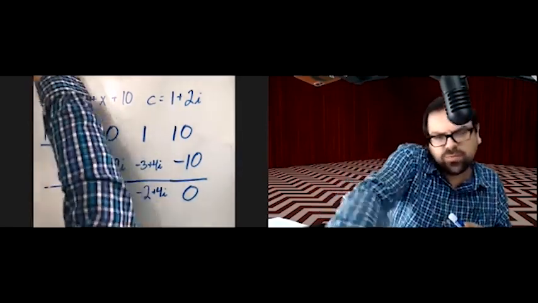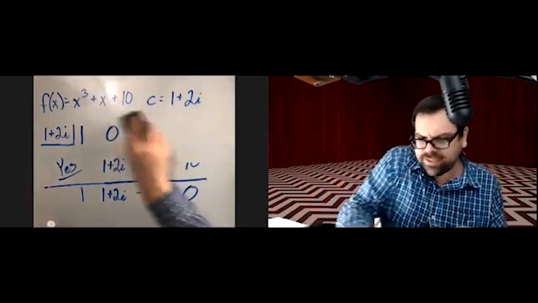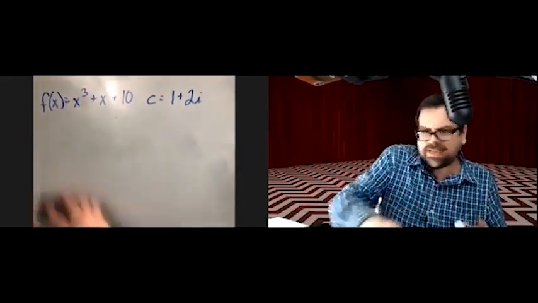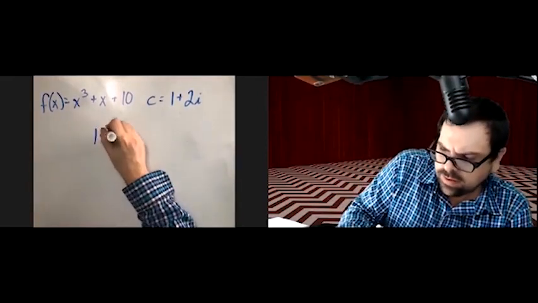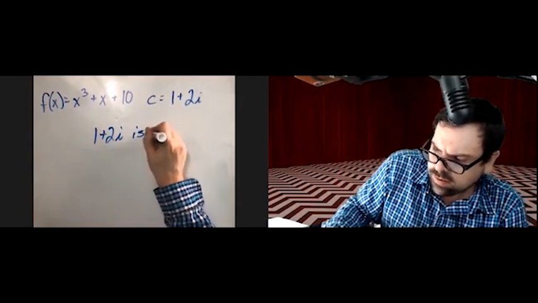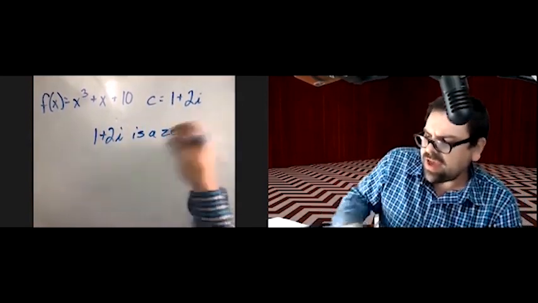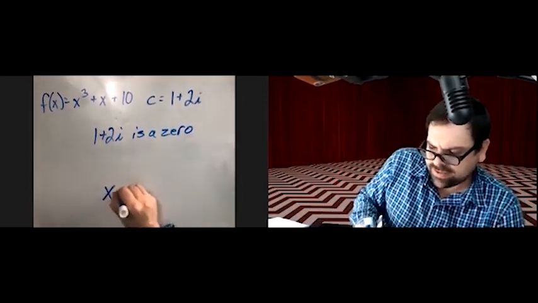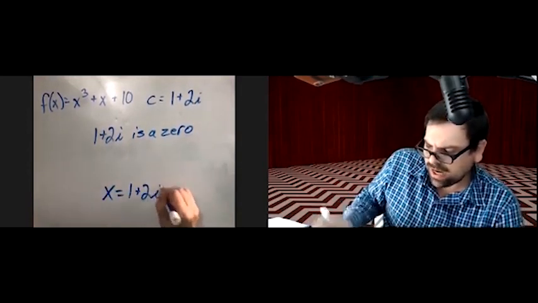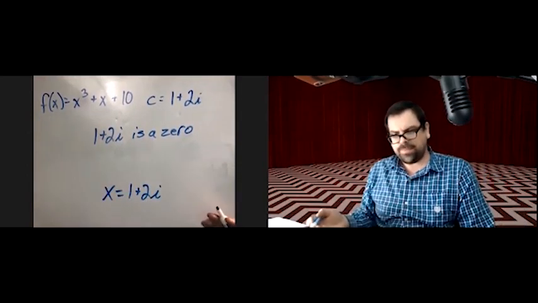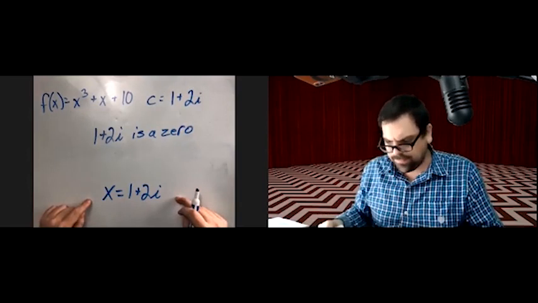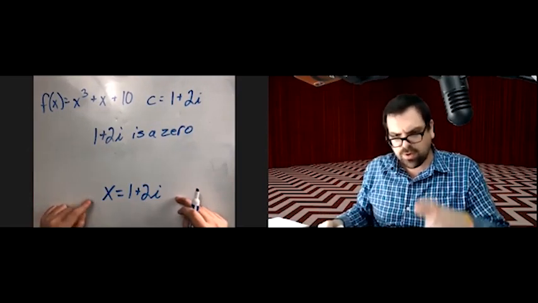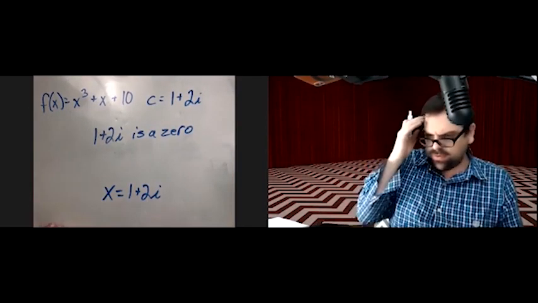Now, for the case of 1 plus 2i being a 0, what exactly does that mean? That means that x equals 1 plus 2i is an answer for x when the function equals 0.